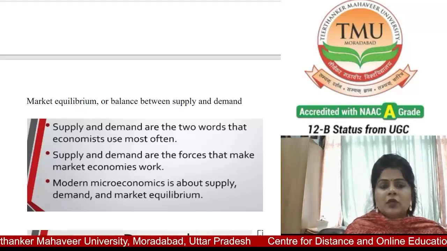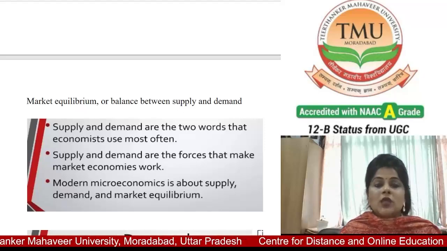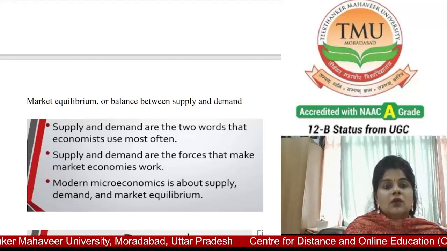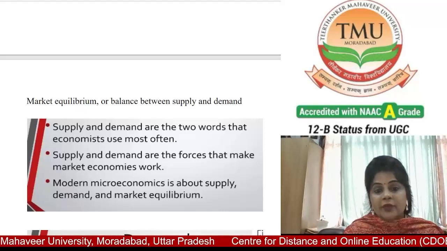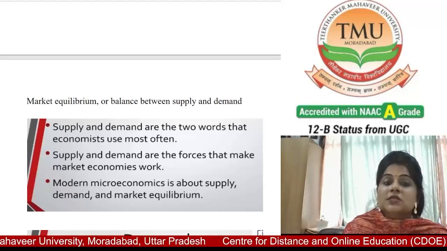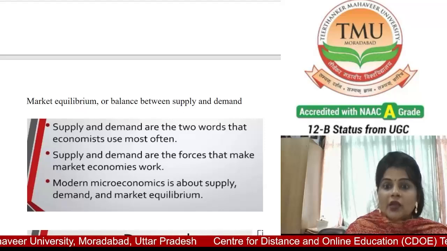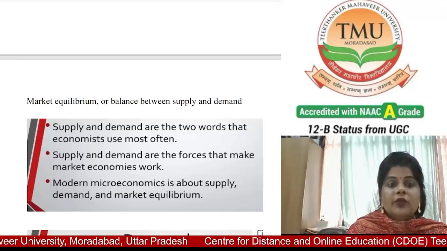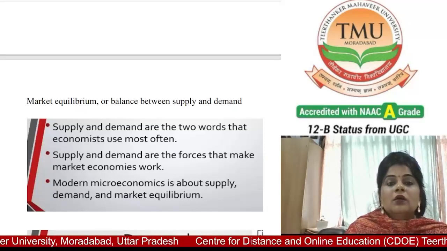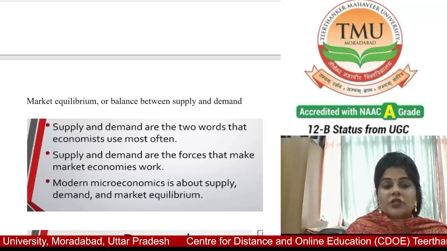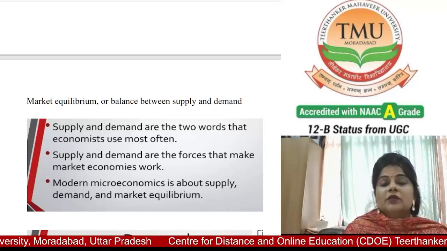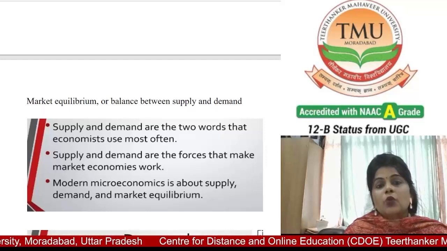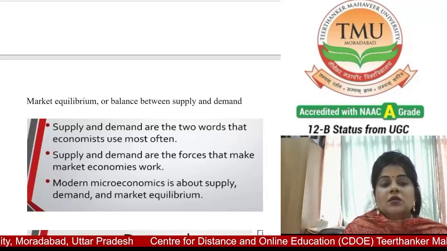Market equilibrium is that condition where the equilibrium price is that at which demand matches supply. We will also discuss it in a further video. Demand matching supply produces a market equilibrium that is acceptable to buyers and sellers.